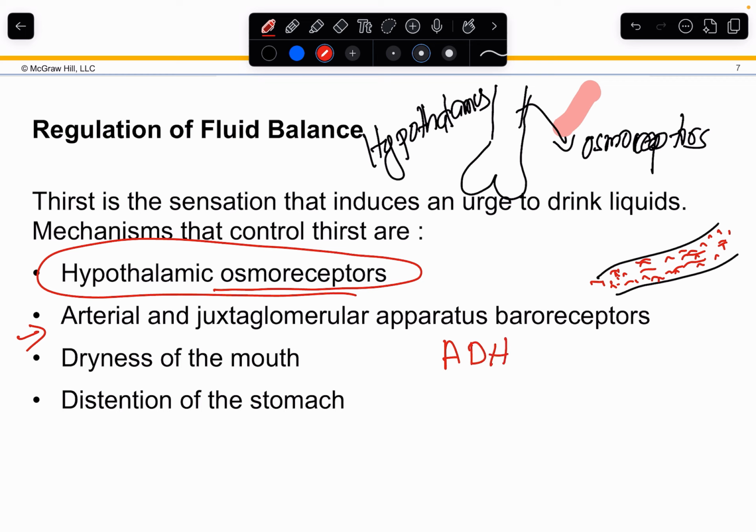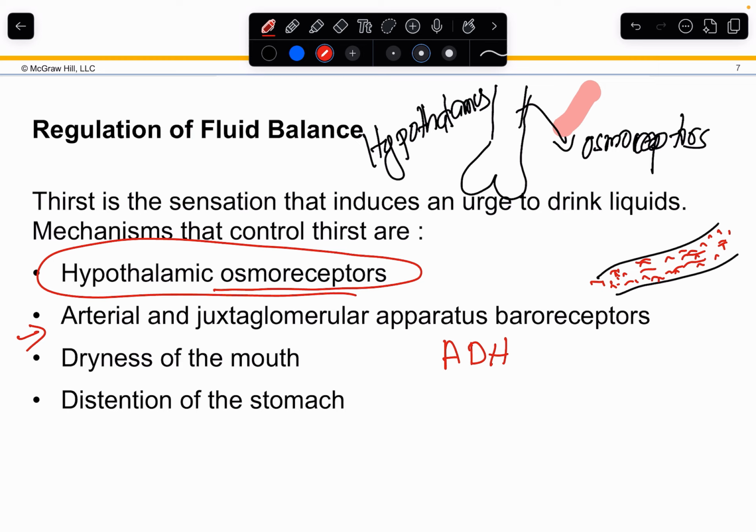What they do is promote water conservation by increasing water reabsorption in the kidney. That means in your homeostasis, you have less water in your system, so this will increase water reabsorption.